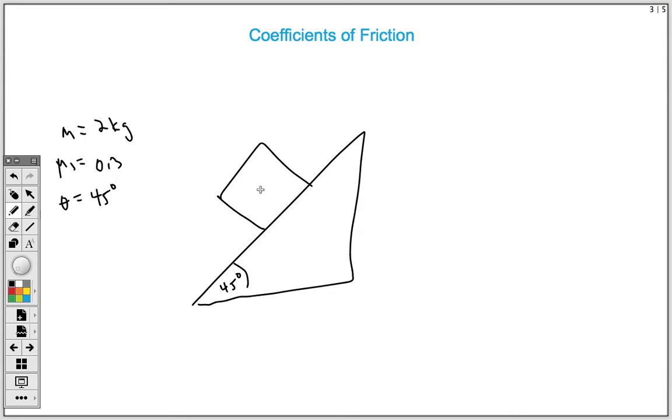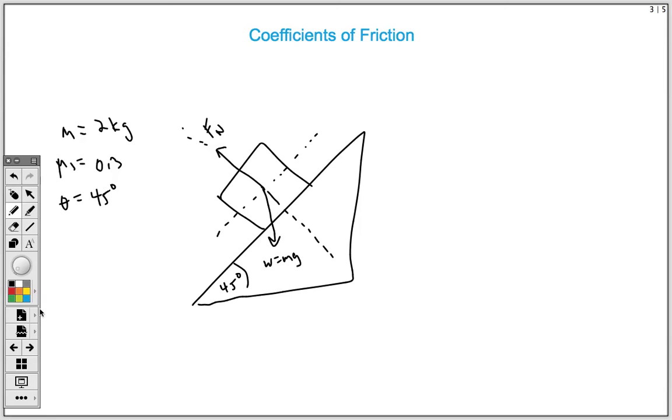Well, to help us with that, let's go ahead and draw our free body diagram. Weight straight down. We have our normal force perpendicular to our surface. Whenever we have an angled vector, we have to break that vector into its x and y components.